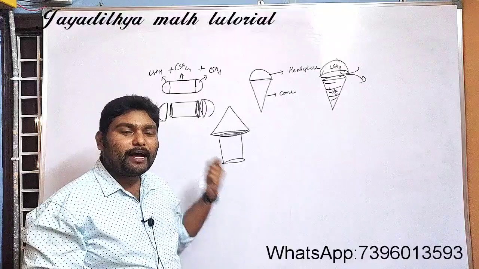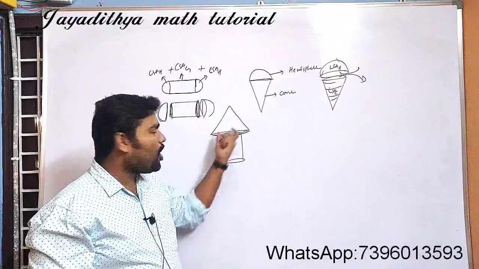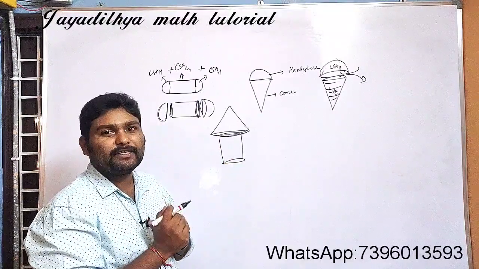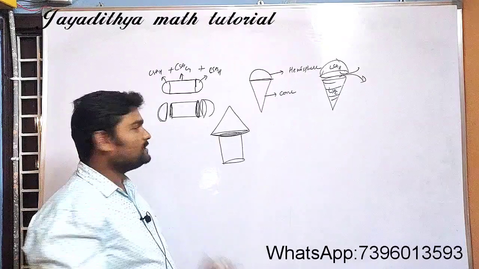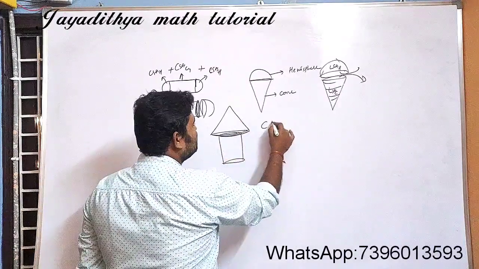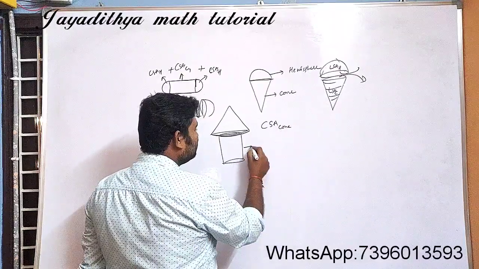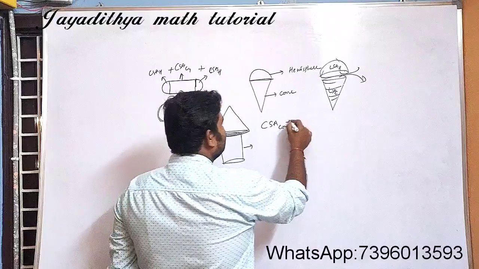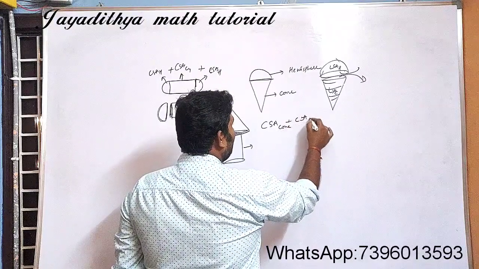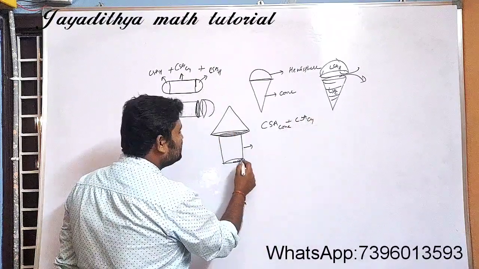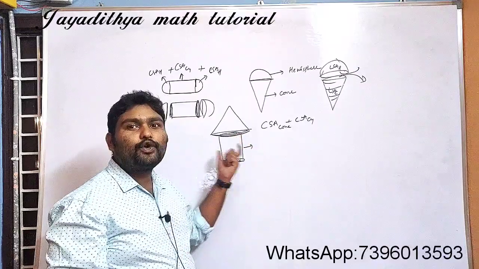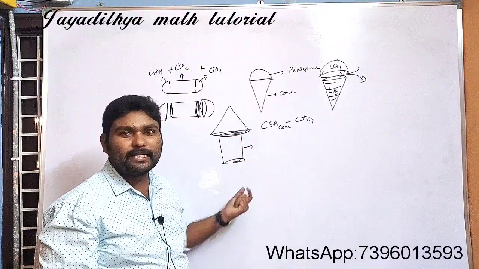So if you want to find the surface area of this thing, what are the surfaces you need to consider? The first thing is the curved surface area of the cone. The second one, as you see here, is the curved surface area of the cylinder. Here the radius of the cylinder is different from the radius of the cone. The radius of the cone is somewhat bigger than the radius of the cylinder.